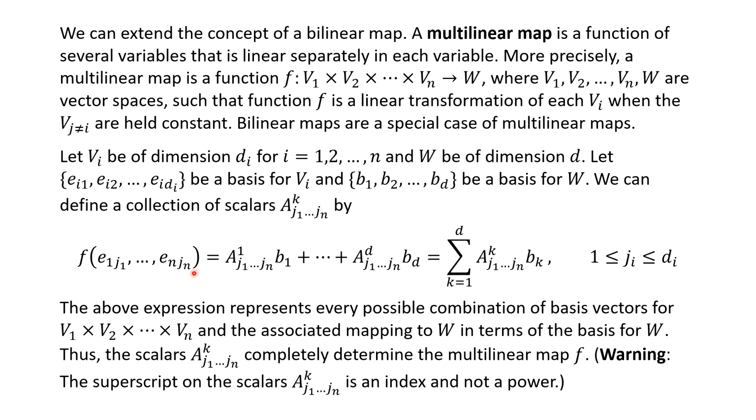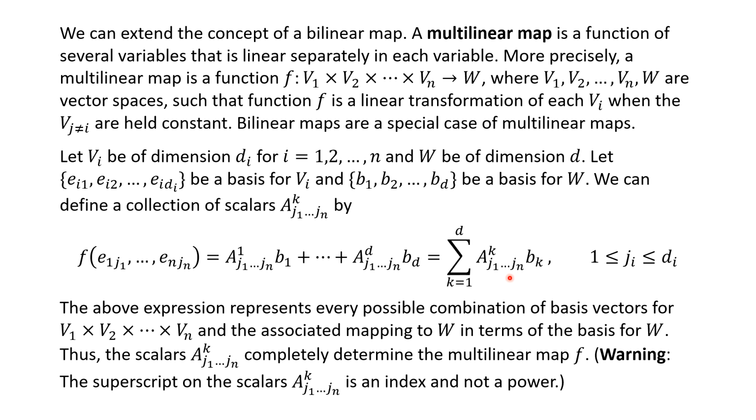And then we write the output in terms of a basis for W. So you have d terms because W has d basis elements. And then these are just the coefficients, which have a rather complicated superscripting. The superscript stands for the corresponding basis element in W, and then the subscript stands for the selection of basis vectors you've taken from these n vector spaces.